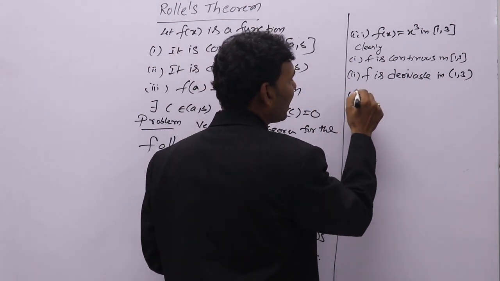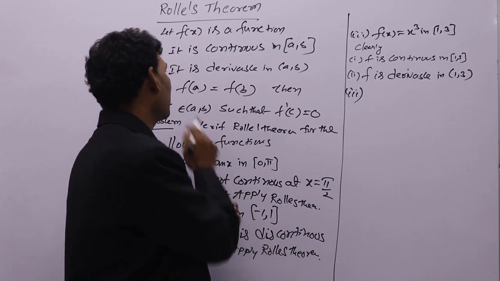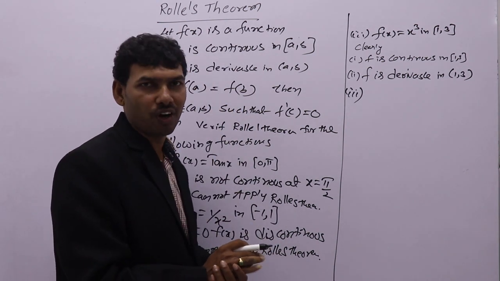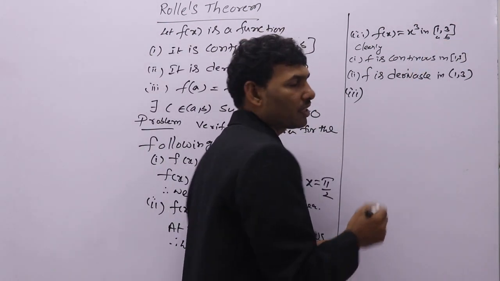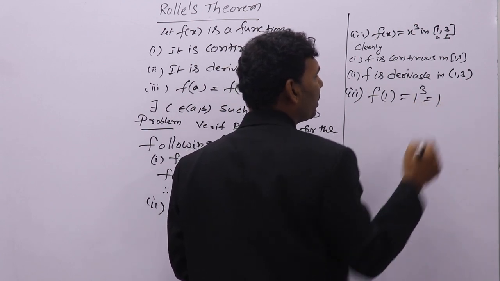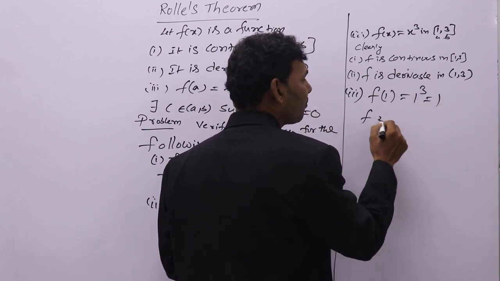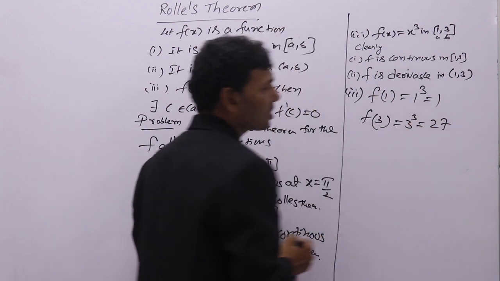Next, what is the third condition we need to check? F of a equal to f of b or not. Here a is 1, b is 3. That means f of 1 equal to 1 cube, you need to find out. F of 3 equal to 3 cube, you need to find out, that is 27.